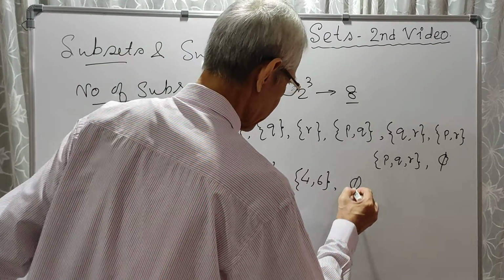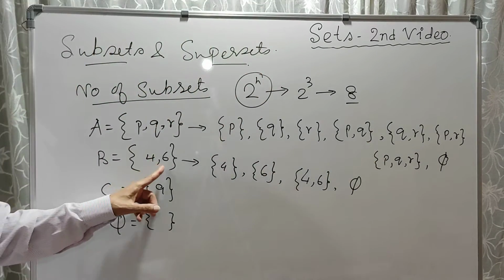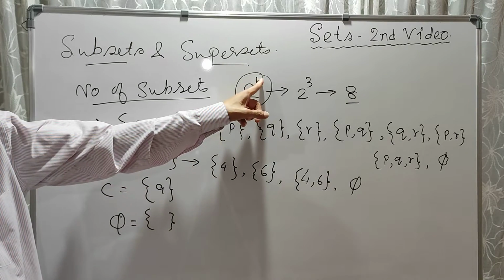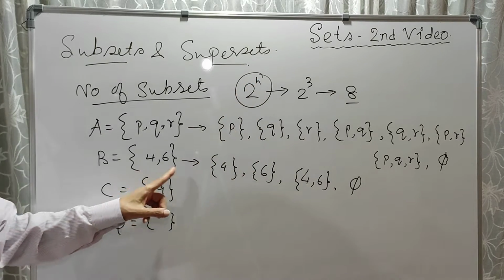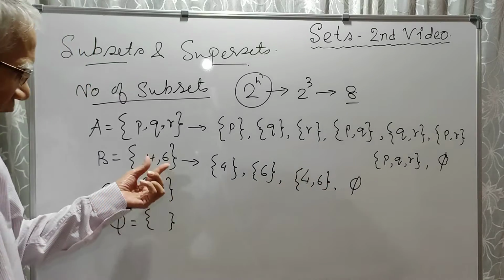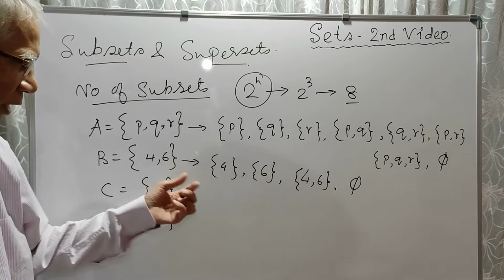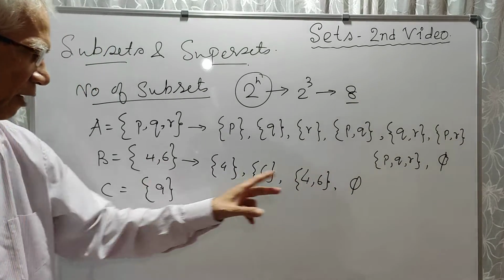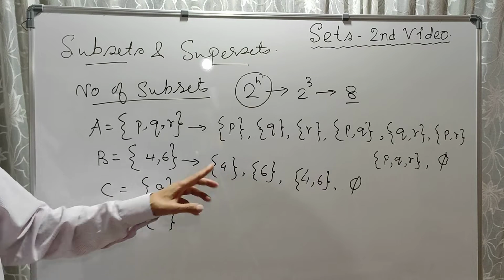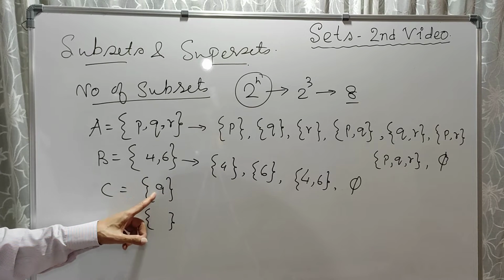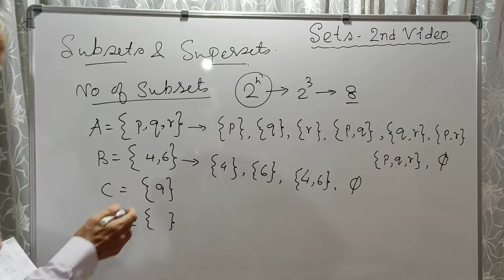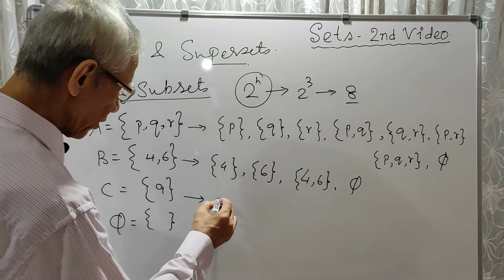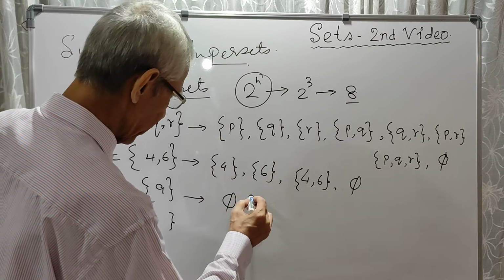So it has 2 elements, therefore 2 to the power 2, that is 2 squared, 4, it has 4 subsets. Which 4? 1, 2, 3, 4. Taking 1 at a time, taking 2 at a time, and then taking the null set. Okay, so 4 sets. So this will have only 2 to the power 1, that means 2. Which subsets does this have? It has the null set and then itself, that is this one.